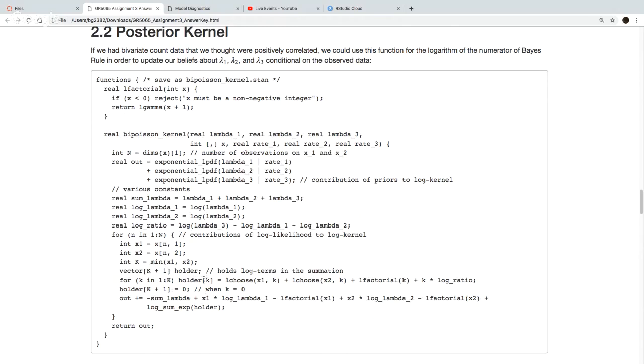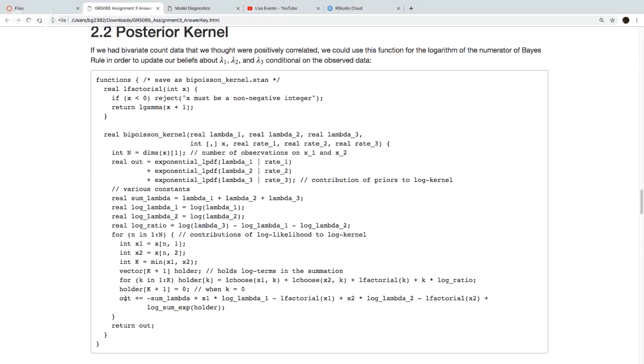And so we want to put into each of those the logarithm of the term inside the summation, which is going to be just some L choose and another L factorial, and then k times this log ratio. So that gets us the term k equal 1, k equal 2, all the way up to capital K. And then we can stick in the k+1 position the contribution when little k is 0, which in log unit is also going to be 0.